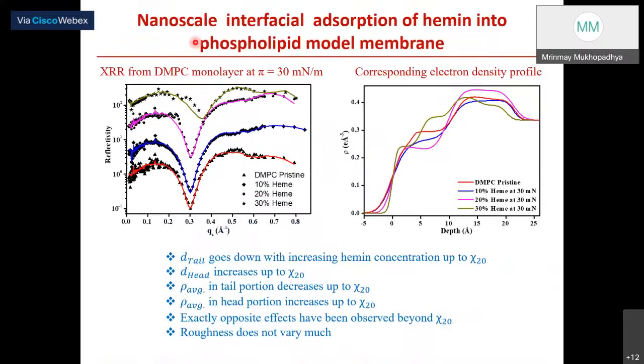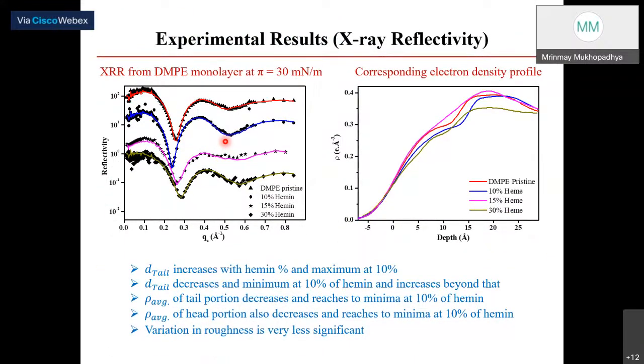But in this one, the dip is changing in the opposite direction. One case the dip is going to lower QZ, another case to higher QZ. Going to lower QZ, in reciprocal space, means the thickness increases, and going to higher QZ means the thickness decreases.